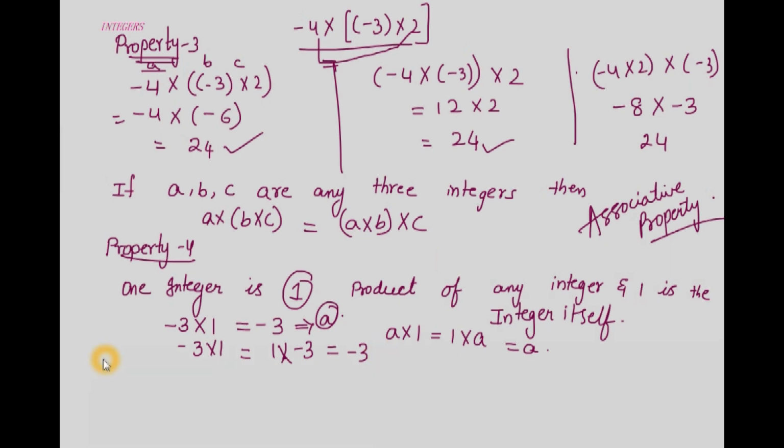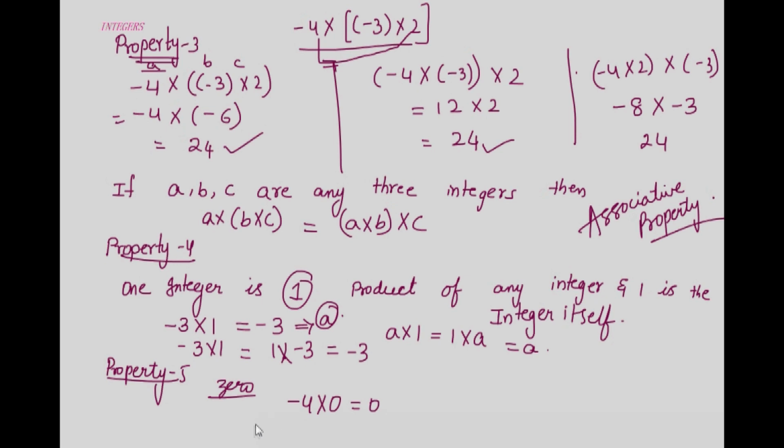Property 5. Let us multiply any integer with 0. Let us take minus 4. Minus 4 into 0 is equal to 0.